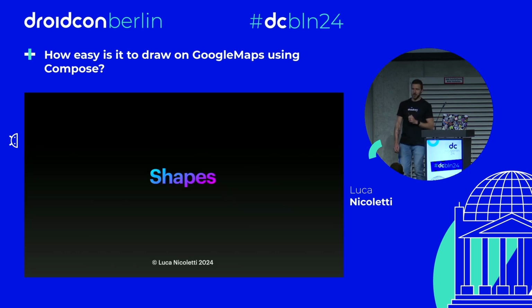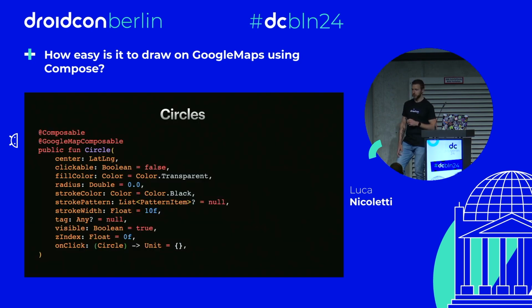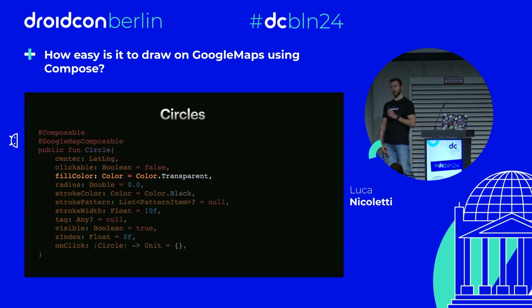For drawing shapes on the map, we have circles, polygons, and polylines at our disposal. Let's start with circles. Circle requires you to specify a center, which is a latitude and longitude, to place the circle there. Pay attention to the circle composable function because it defaults to a transparent color and a radius of 0.